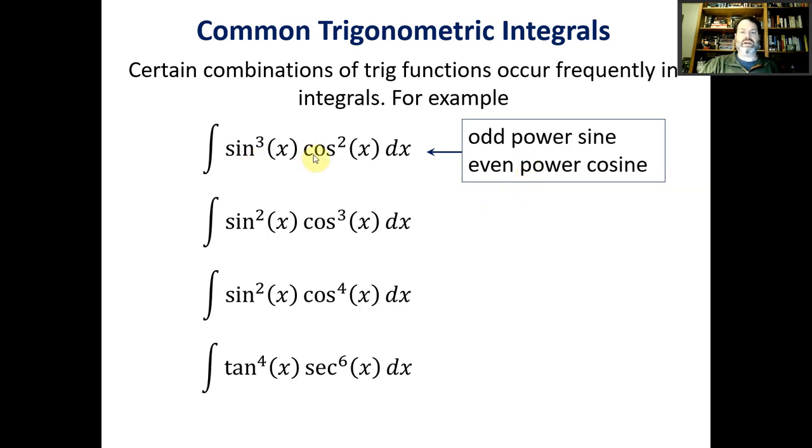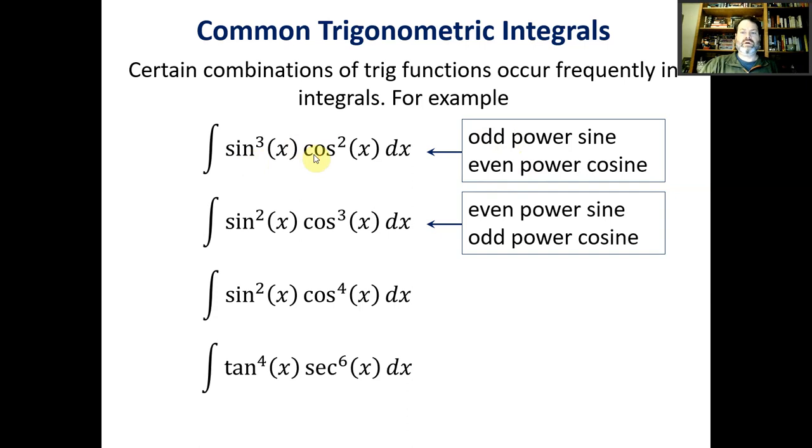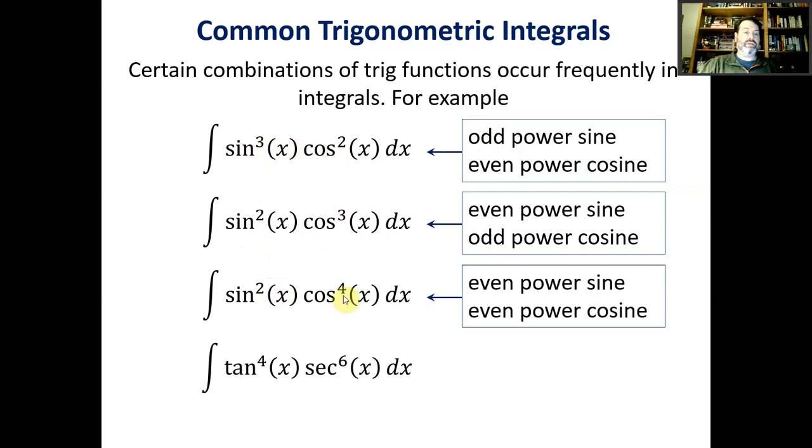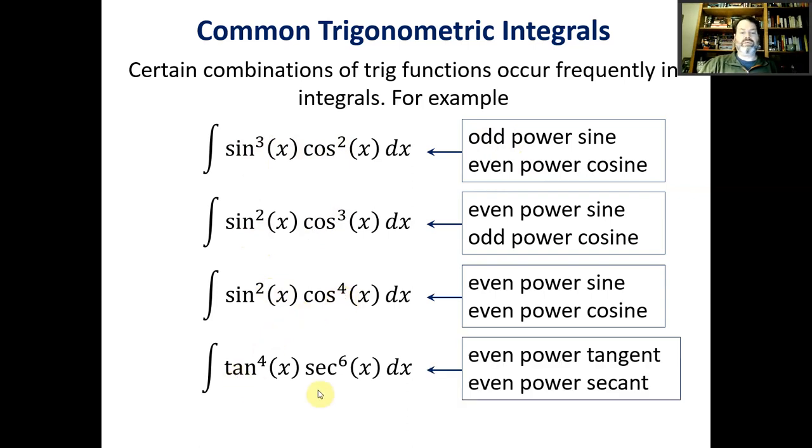If sine is odd and cosine is even, or sine is even and cosine is odd, so we're talking about the powers here. They could be both even, or here's a tangent and secant combination where they're both even. And these all have related but different techniques. So let's jump in and see an example.